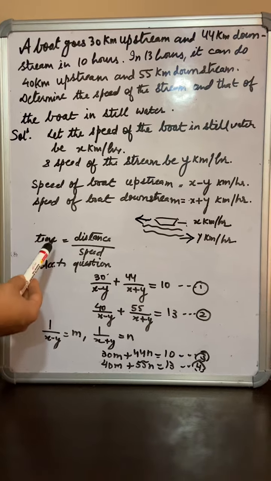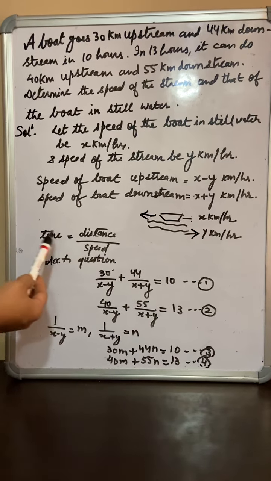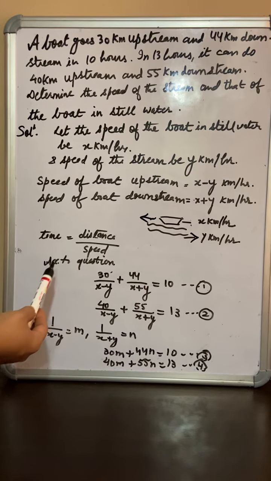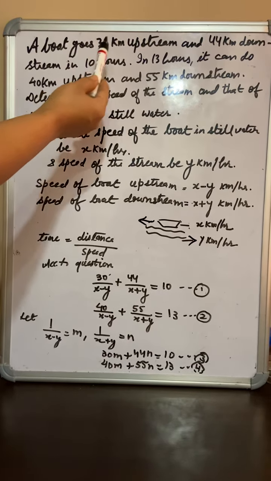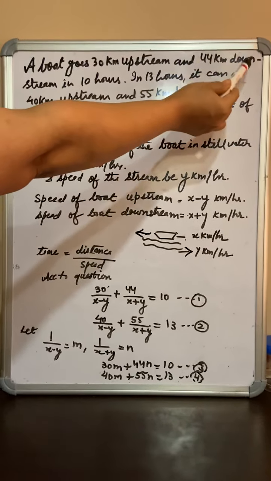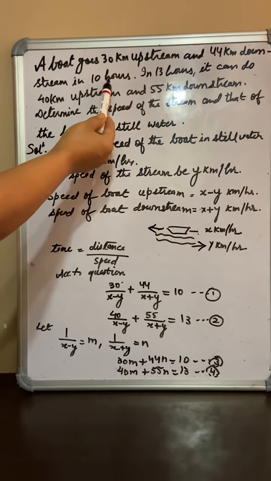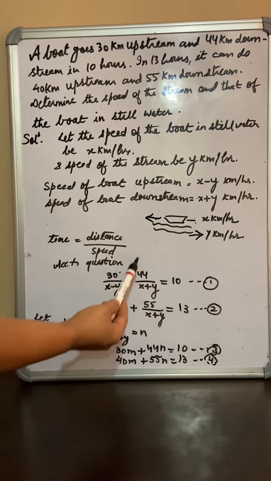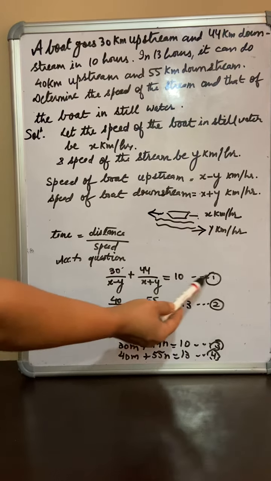Now we know that speed is equal to distance upon time, so time is equal to distance upon speed. Here in this question, it is given that the boat moves 30 km upstream and 44 km downstream, and total time is given as 10 hours. So time taken upstream plus time taken downstream is 10 hours.